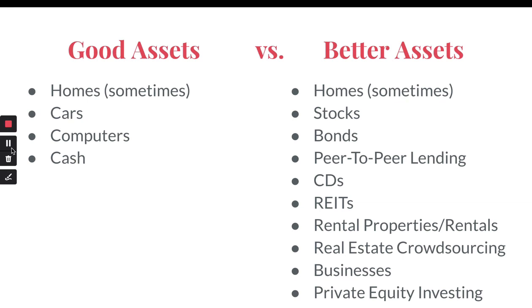So next is cars. Cars, like we were talking about before, are a good asset. I mean, they're an asset. I think some people would just say they're flat out a bad asset. And how I would define a bad asset is an asset that is worth less than the owner says it's worth. So like we were talking about before, you're in debt by $20,000 for your Honda CRV, but it's only valued at 15 grand.